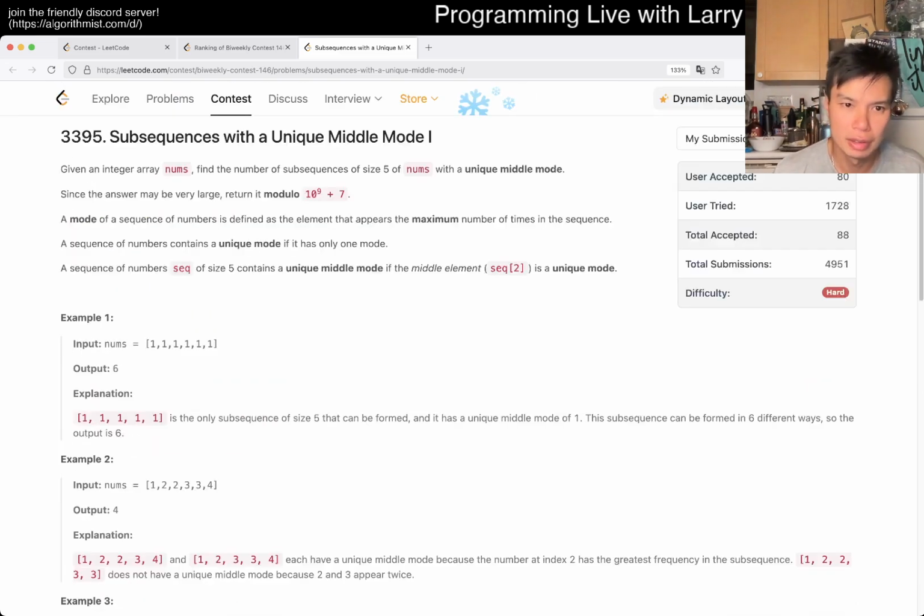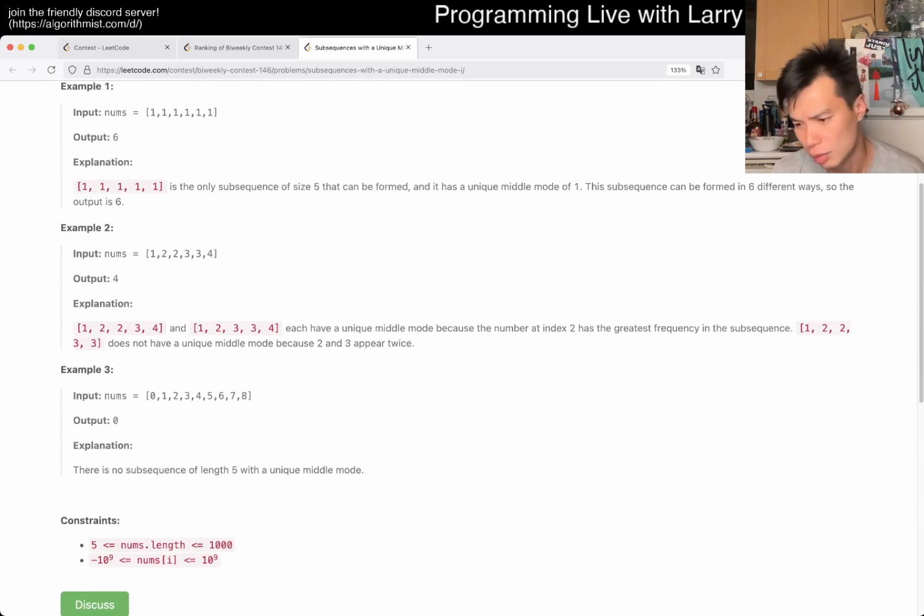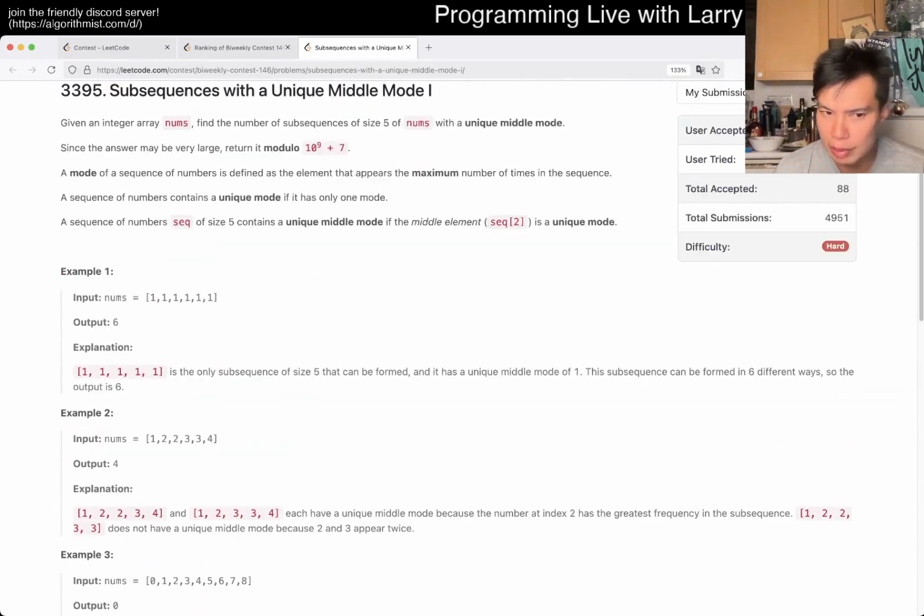Okay, for each... Oh wait, no, you can't sort because the middle element has to be... Okay, so the order does matter to a degree. So let's say we iterate a number in the middle, then what does that mean? What does mode mean? Mode means that we want at least... I guess it's just case enumeration if I have to guess at this point.